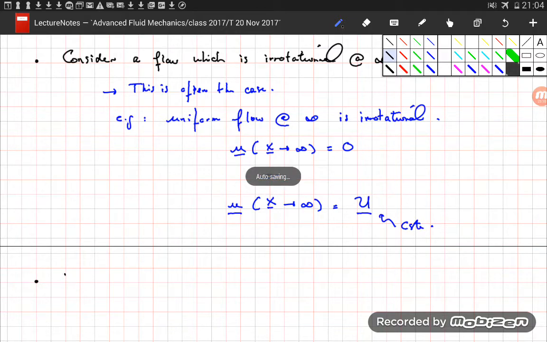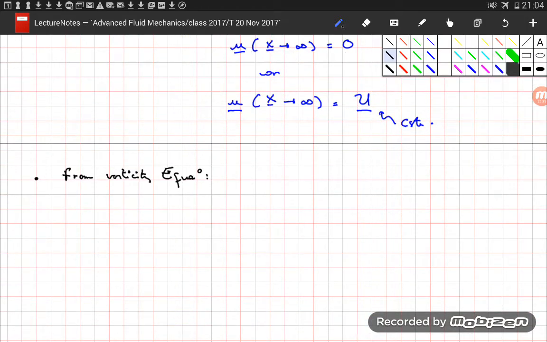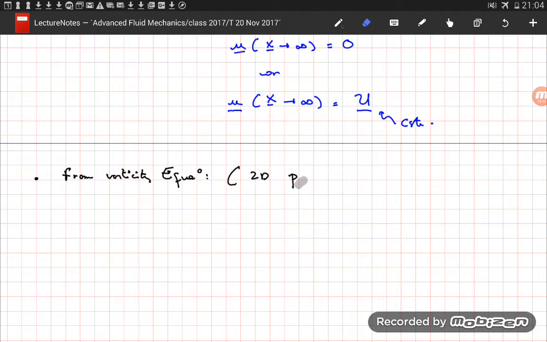So from the vorticity equation, remember that, and now I'm going to be talking about flows in 2D. Actually, hold on. Let me just go back here. Let's write the vorticity equation.